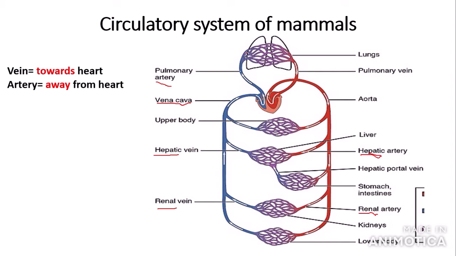Then the blood reaches the lungs, where it is oxygenated through breathing and diffusion into the capillaries, and then the blood enters the pulmonary vein, which enters the heart, and then through the atria and the ventricles and into the aorta, which is the main artery that supplies the whole body.